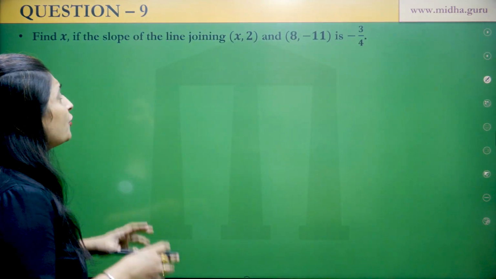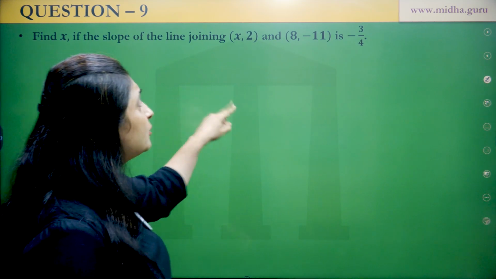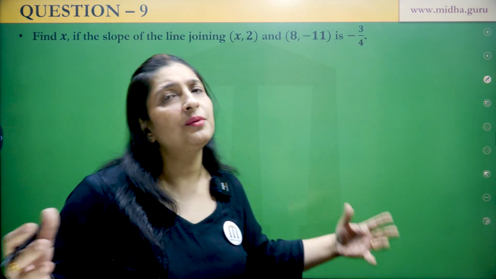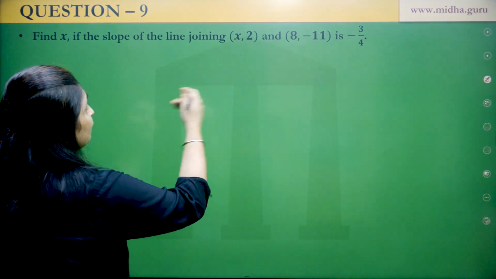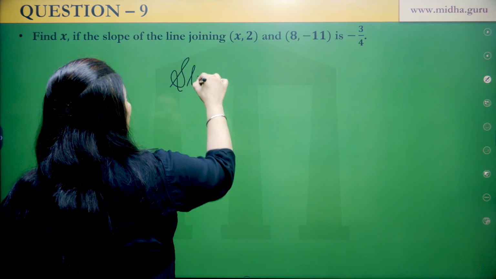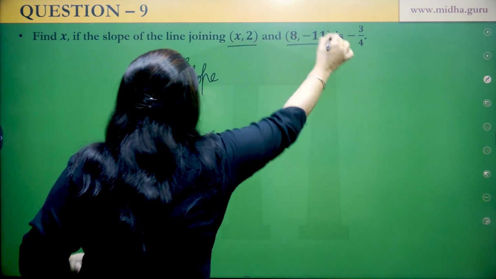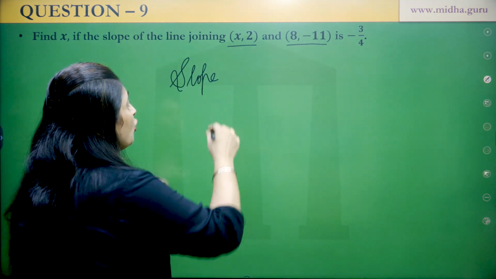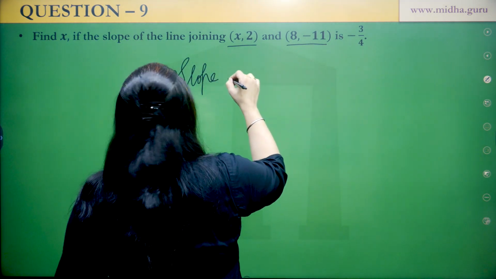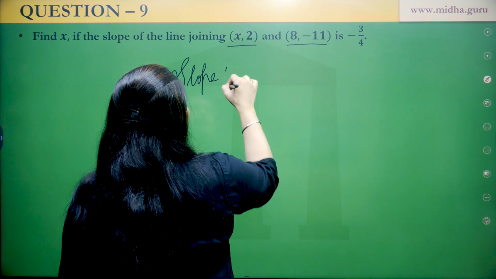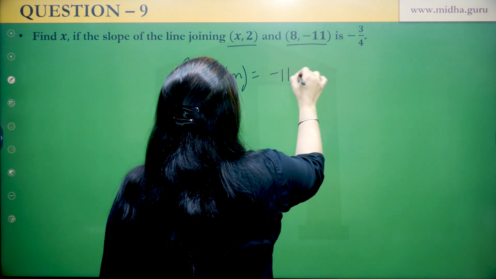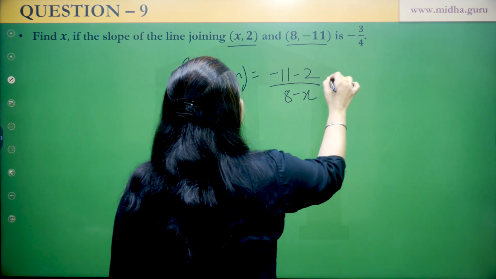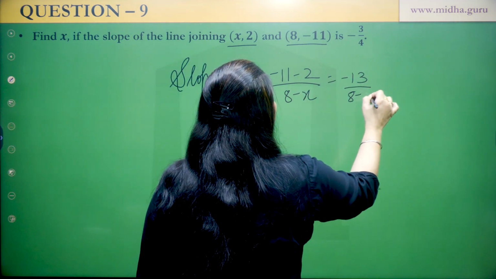Find x if the slope of the line joining x comma 2 and 8 comma minus 11 is minus 3 by 4. This is an easy question. We just have to find x. The slope is given, and also the two coordinates of the line through which it is passing are given. So we'll use the slope formula, y2 minus y1 by x2 minus x1. The slope m will be minus 11 minus 2 by 8 minus x, which is minus 13 by 8 minus x.